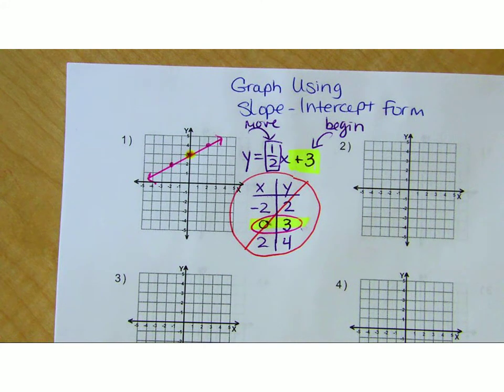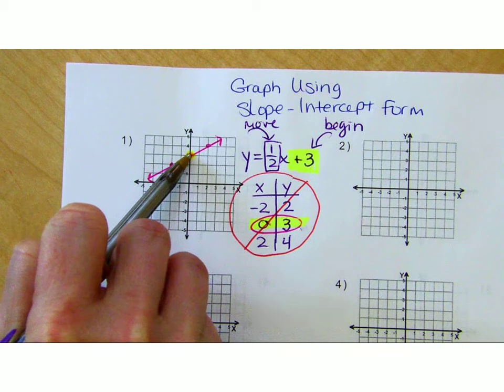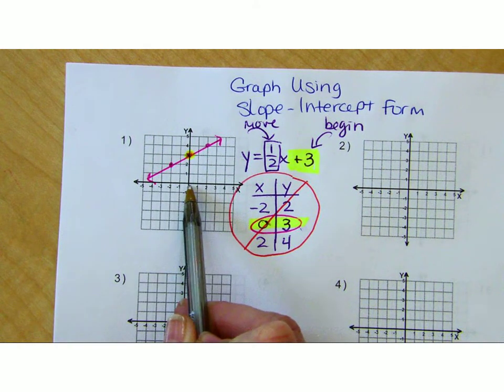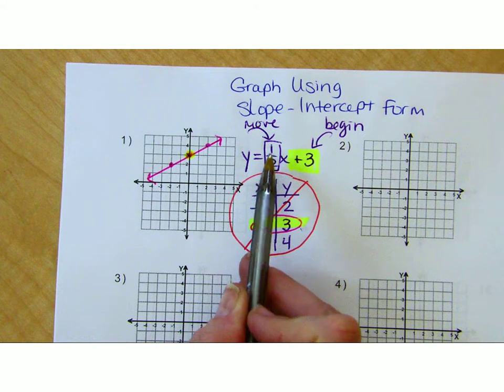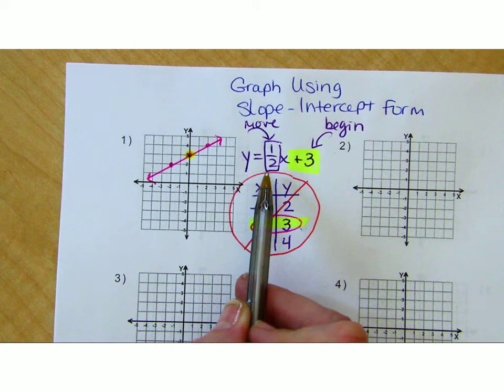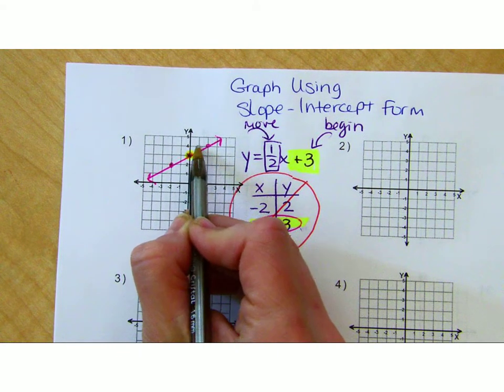So if I'm keeping my pencil on the y-intercept, I don't go back to 0. I keep my pencil here, and I go up 1, right 2. Got it? Because it's positive. And look, it happens. There's my up 1, and there's my over 2.